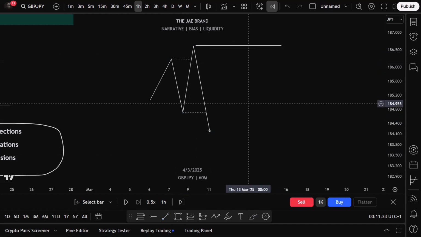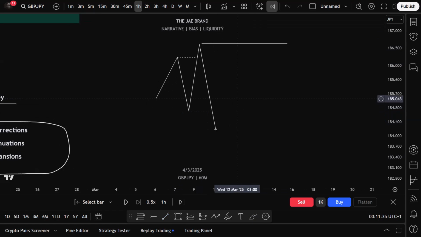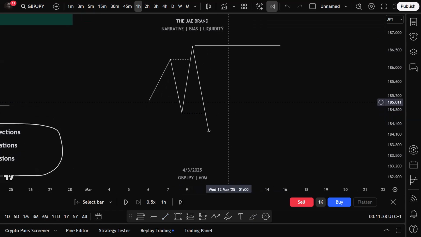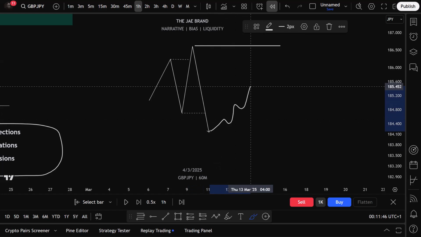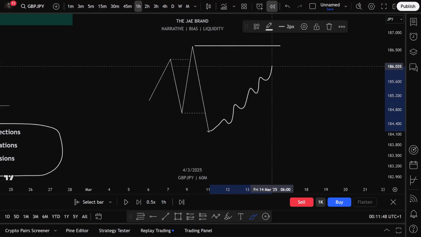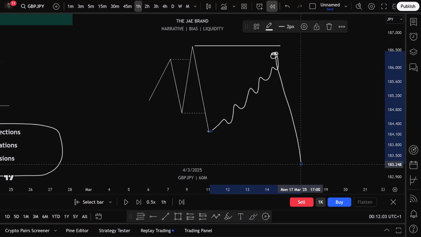So when this transactional liquidity has been taken, what should we be expecting? We should be expecting a retracement into the premium area of this swing structure, which is this area. When price gets to the premium area and mitigates an area of value, price will continue to the downside.